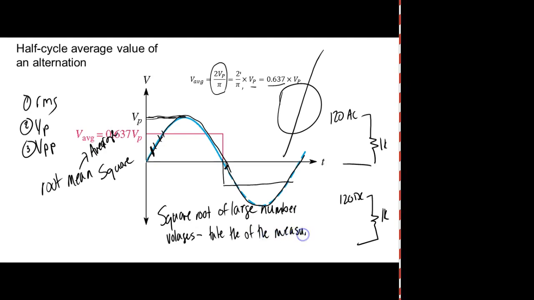Of the measurement squared. So that means if this was a +1 and this was a -1, what happens when you square a negative number?